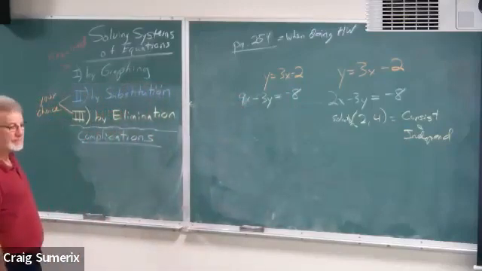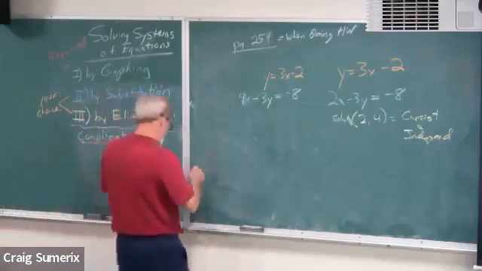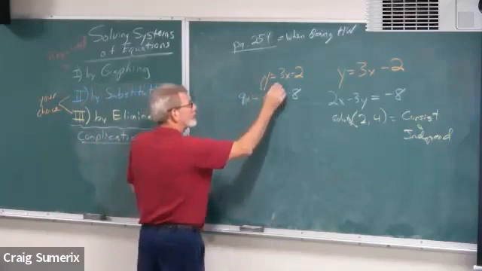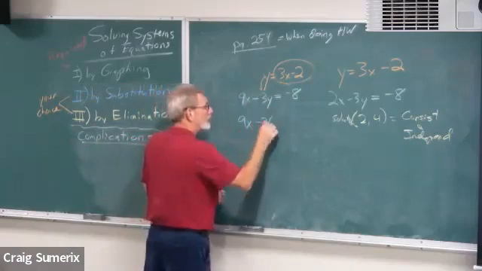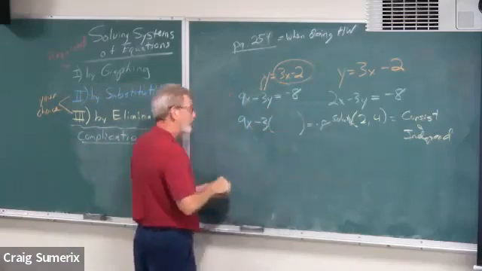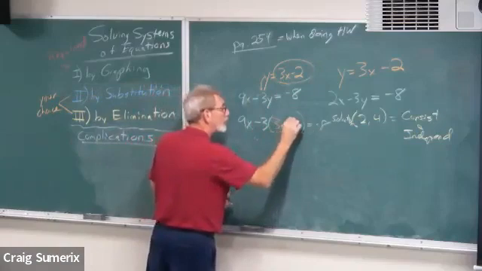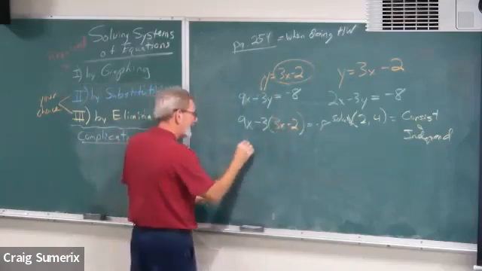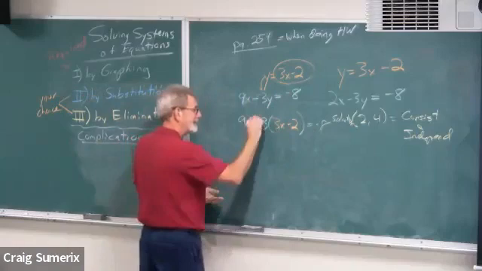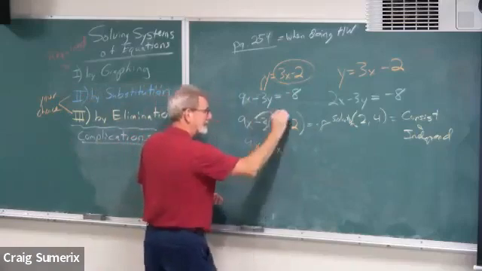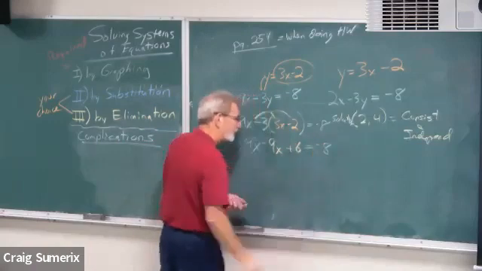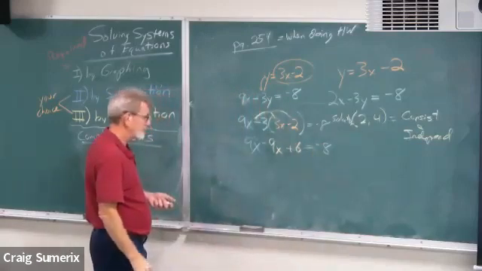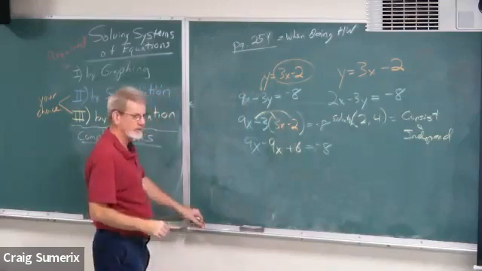Okay, so what happens if it's one of the other ones? Well, if you plug this in, doing the substitution, I'm going to get 9x minus 9x plus 6 equals negative 8. What's 9x minus 9x?